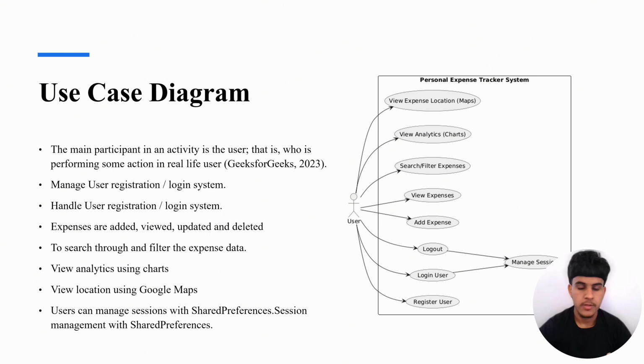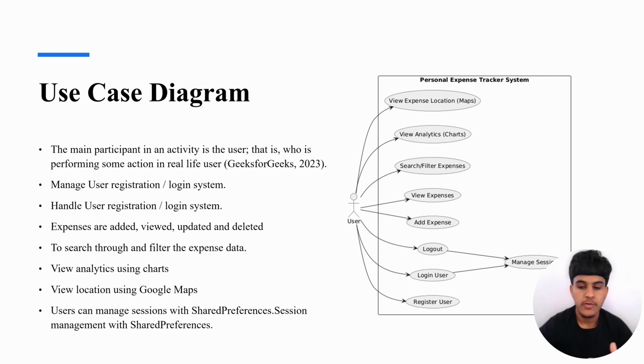Now in the fourth slide, it is a use case diagram. In this slide, the use case diagram is used to describe the interactions between the user and the system. The users may log in and register to use this application. Once the user is logged in, they can add, view, update, or delete any type of expense data.